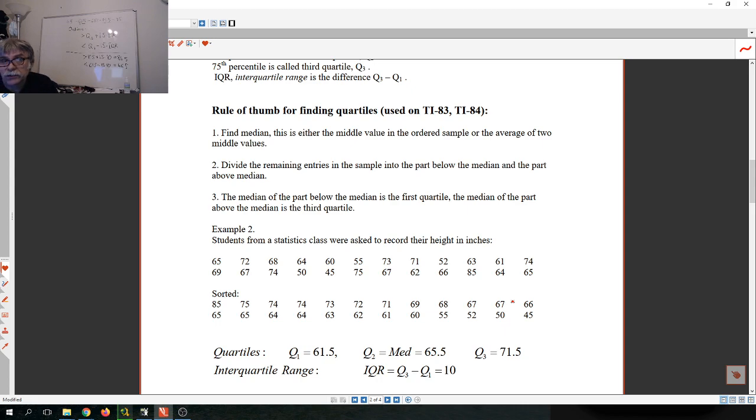You will still use the same 5-point summary, which means the minimum and maximum, which in this case could be outliers, are going to be indicated differently. They're not going to be indicated with the tail. They will be indicated with a dot.